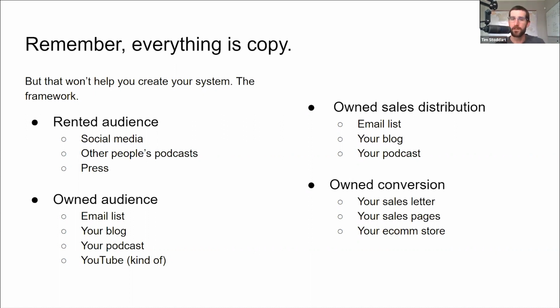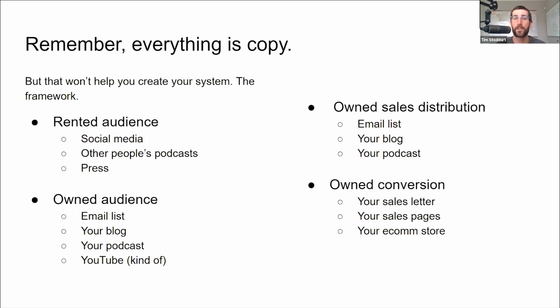There's nuance, there's overlap into these different sections. And so your owned sales distribution is your email list, is your blog, is your podcast. And as we're going to see in the next slide, we're going to treat our email list differently when we're trying to sell something than we would if we're just trying to spread content through a newsletter. So it's all about context.